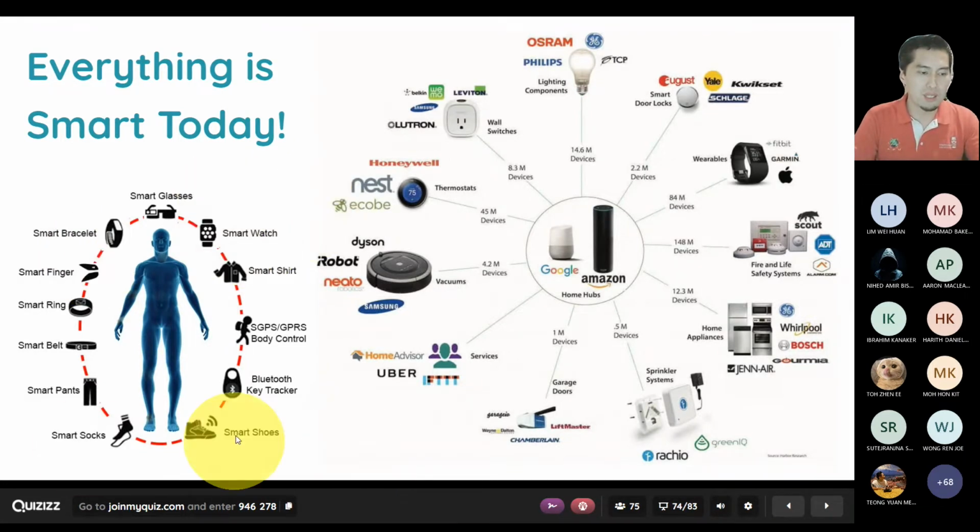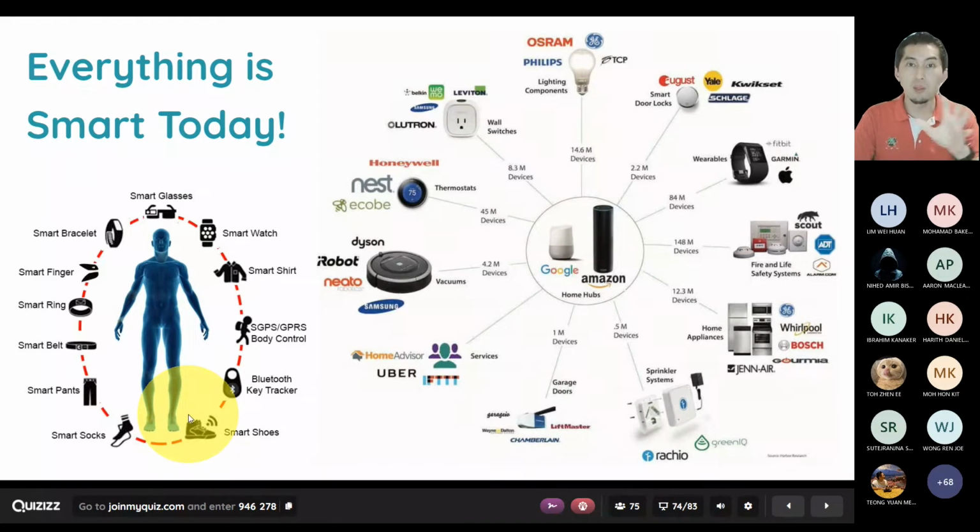So this image here, as you will see, smart glasses, smart bracelets, smart fingers, smart rings, smart belt, smart pants, smart socks, smart shoes, smart watch, smart shirt. Everything can be divided down, and you can actually imagine how many different types that can be smart today. And these are all obviously a direct result of ICT applications.